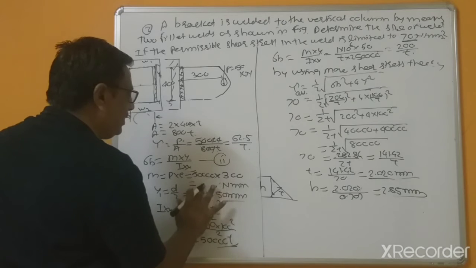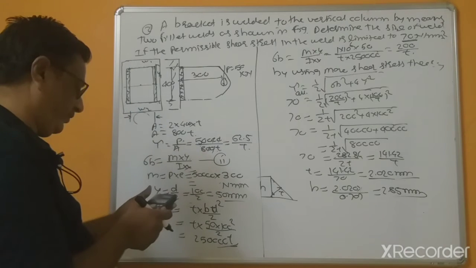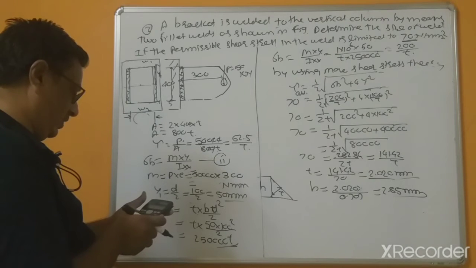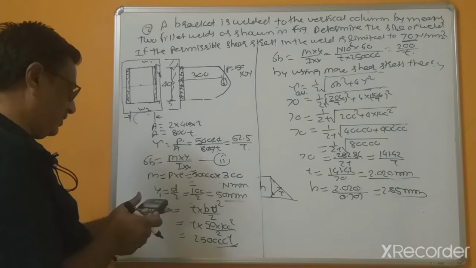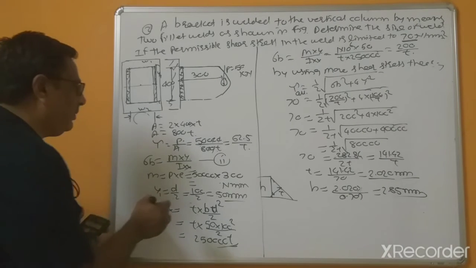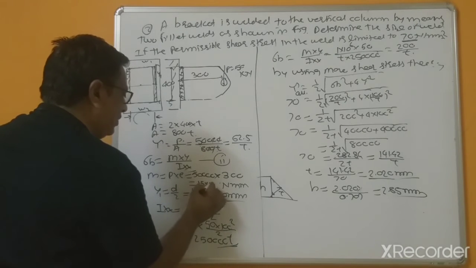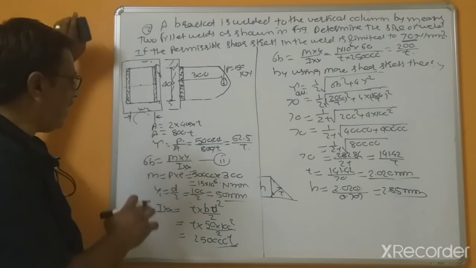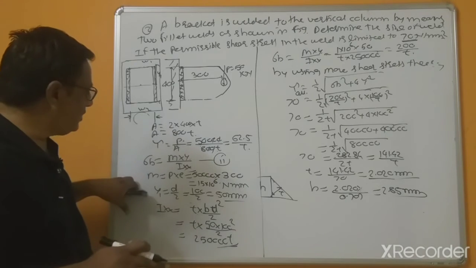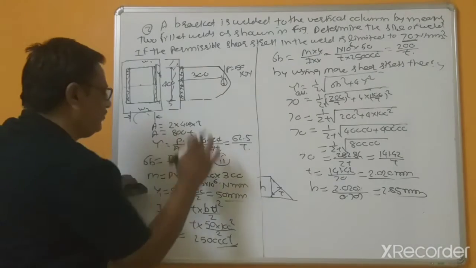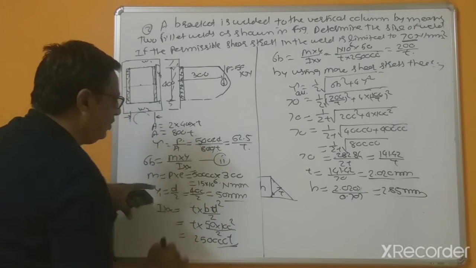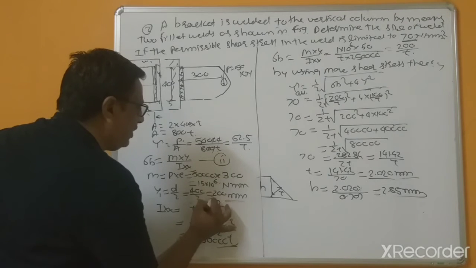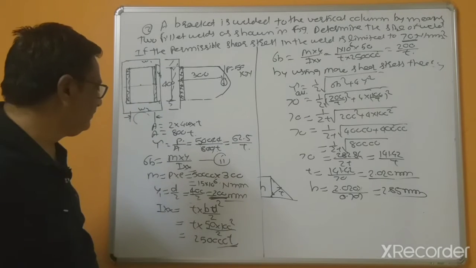So that's why this value changes. 50,000 multiplied by 300 is equal to 15 into 10 to the power 6 Newton mm. Now y1 equal to, try to understand this, this distance 400, so d equal to 400 divided by 2. So this becomes y equal to 200 mm.